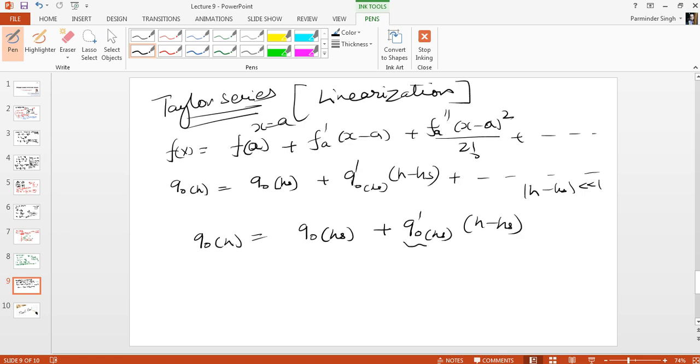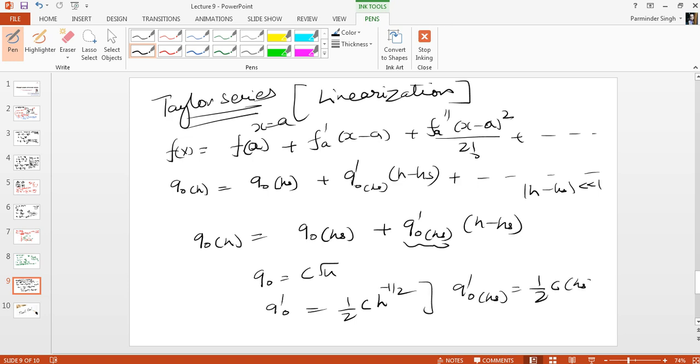Now what is this? We know that q naught is c under root of h. What will be q dash naught? That will be half c h raised to power minus half. And then what will be q dash naught at hs? It will be half c hs raised to power minus half. Clear?